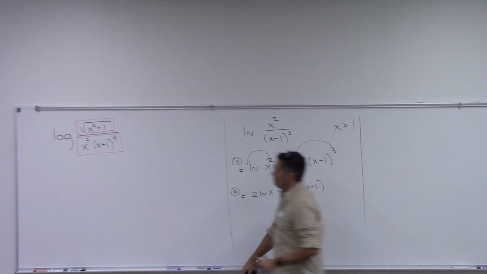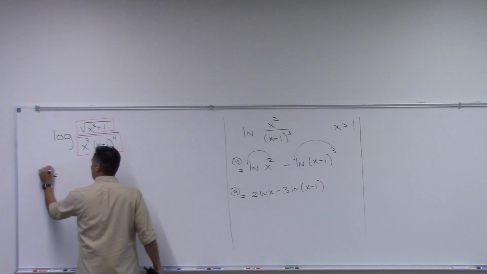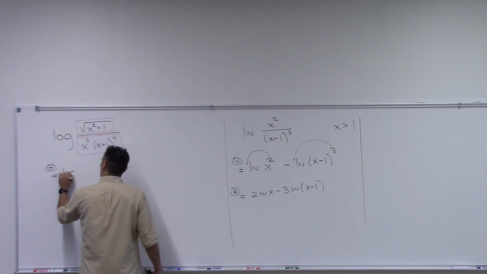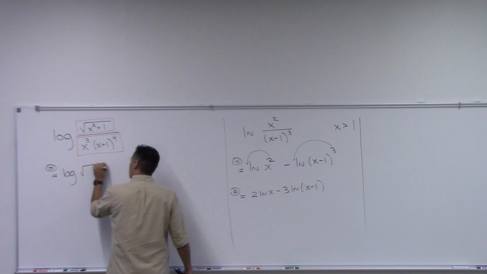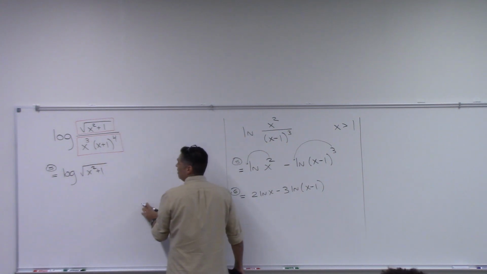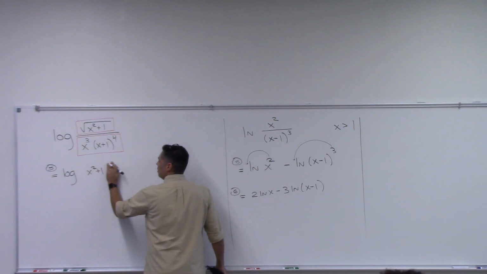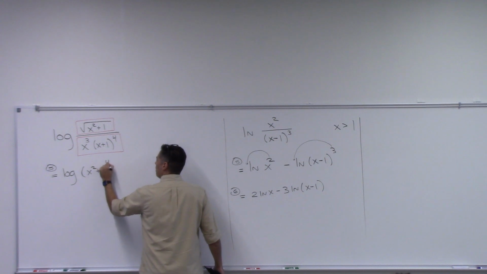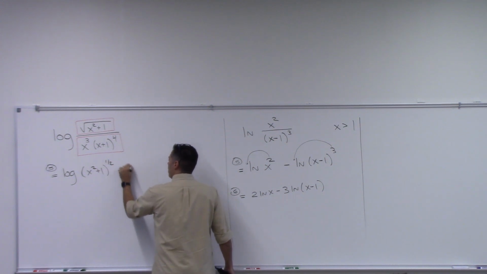That's my first thing. So property 5 now, log of the square root of x squared plus 1. I guess I could have done to the 1/2, couldn't I? Do you want me to do that now? Let's do it now. Okay, let's do that to the 1/2. And then minus now another log, right?